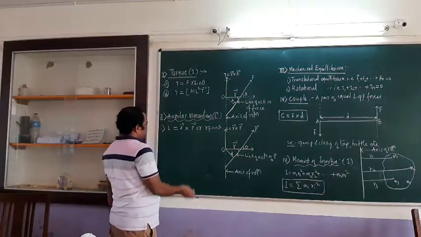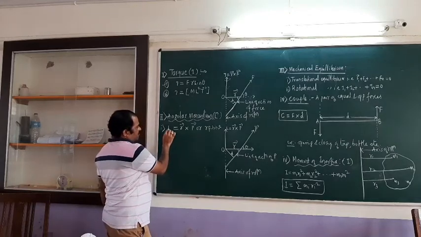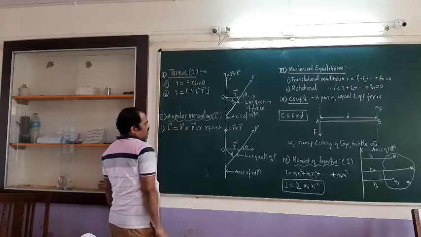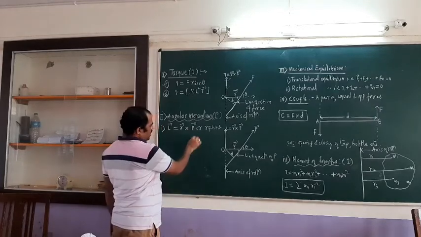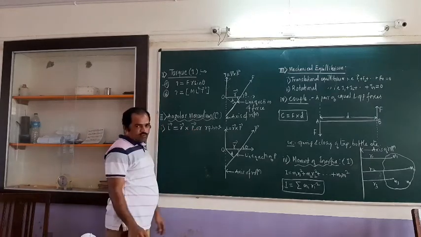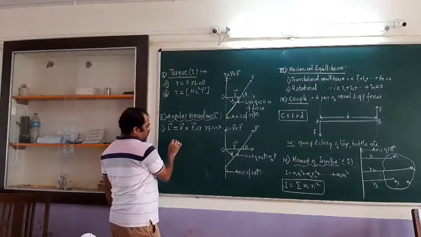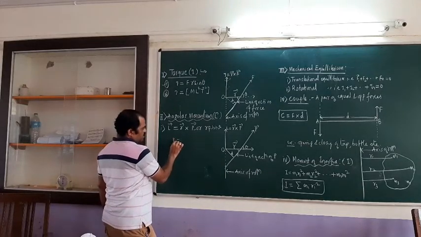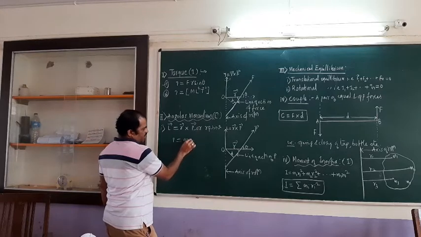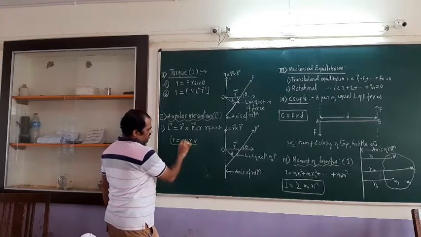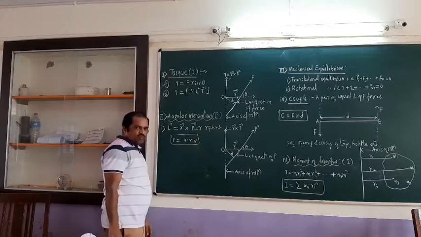So angular momentum is represented by capital L is equal to R cross P. What is P? P is the linear momentum. Already in the earlier classes, P is equal to M into V. This is what we represented as linear momentum.